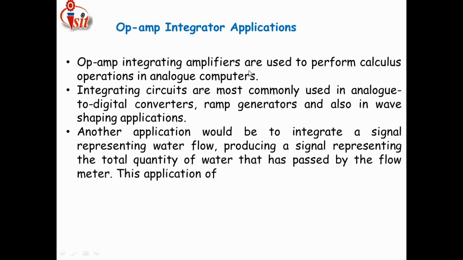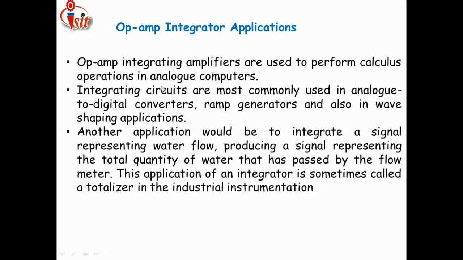Op amp integrating amplifiers are used to perform calculus operations in analog computers. That means in analog computers we use the op amp, because the name op amp itself indicates that it is used to perform mathematical operations. Operational amplifier, short form op amp.